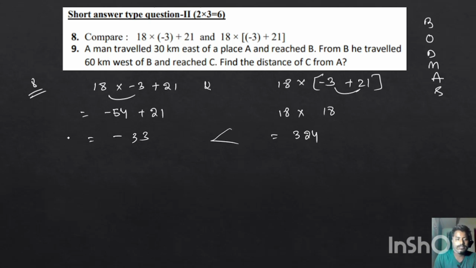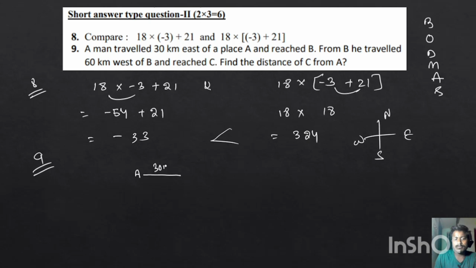Clear? Now question number 9. A man travels 30 km east. Suppose this is north, then south, east, then west.